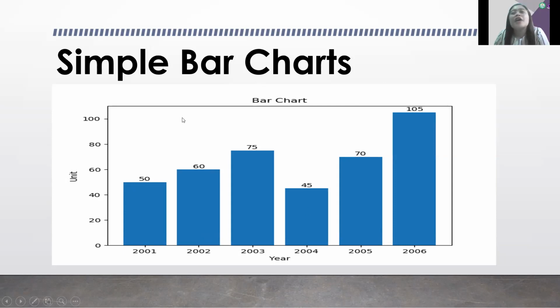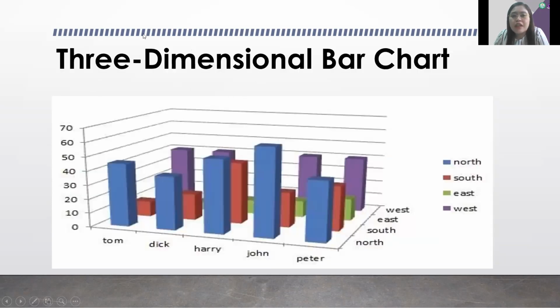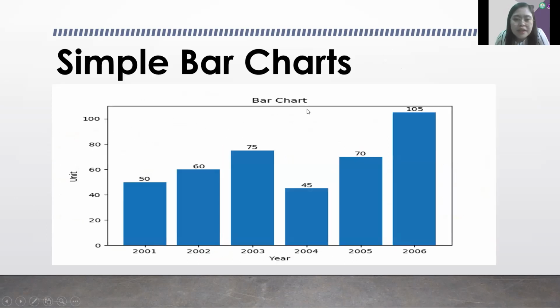But actually, bar charts have other types. So this is what is called a 3-dimensional bar chart, because we have many types of data here. We have, for example, names of the persons, and then north, east, and west, where they went, and the times, or even the distance they traveled, for example. So this is applicable if you have a lot of data. The simple bar chart is really simple.